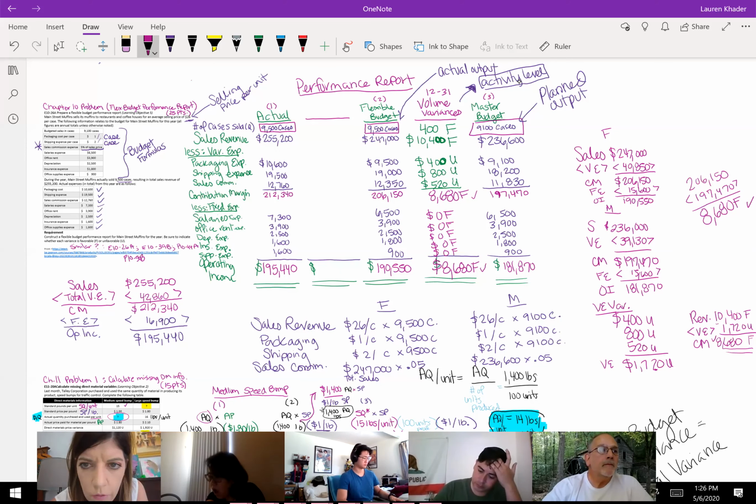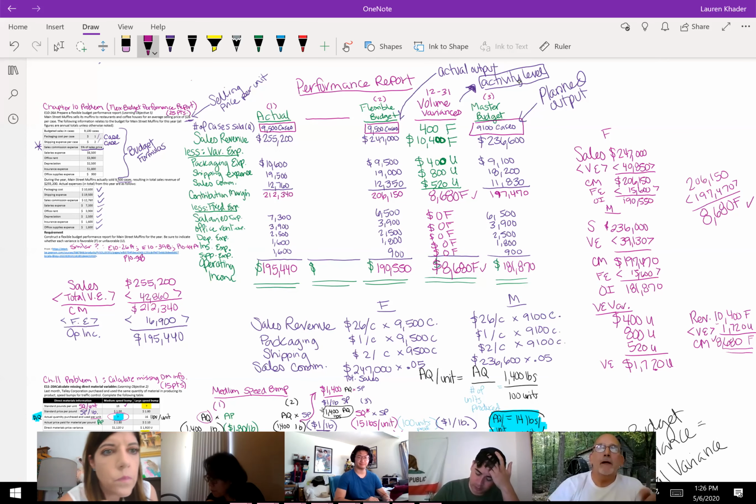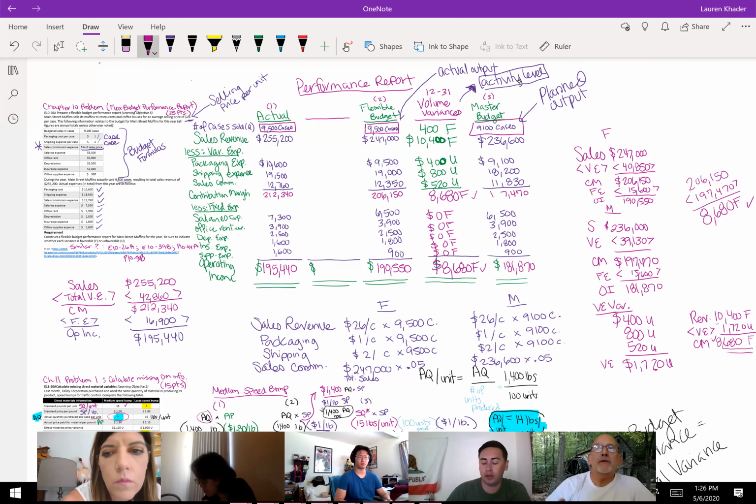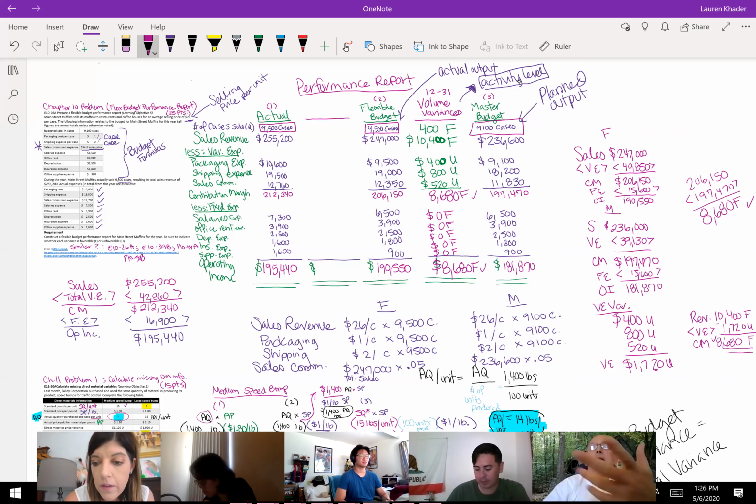Questions? How did you do on calculating out the flexible budget and the master budget? So if all there is is a volume variance and we're within our relevant range, this is what we should see, right? Always. Okay. So if you have the opposite, where your volume level is less than planned, then it would just be the reverse.